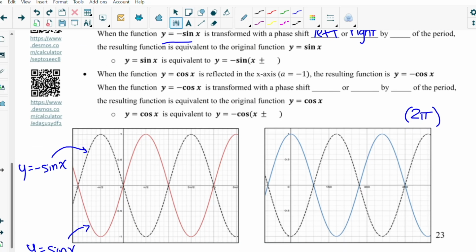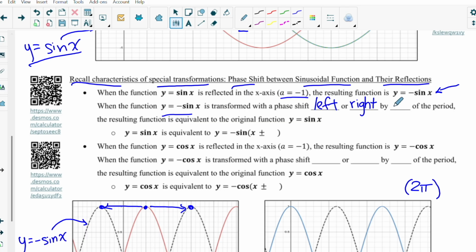So how far are we shifting it? If I start here and I go here, this is exactly pi units. So I can go this way, or I can go this way. Same distance, pi units. So it's exactly left or right by 1/2 of the period. So 2 pi times 1/2 equals pi units.